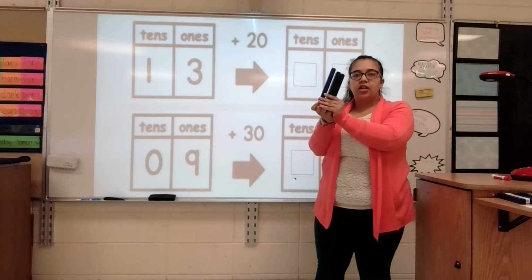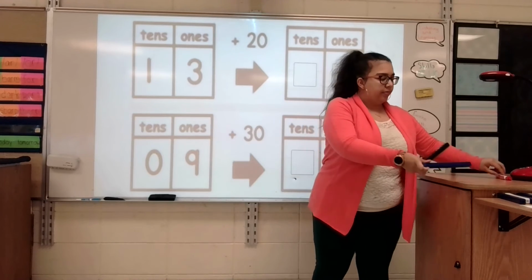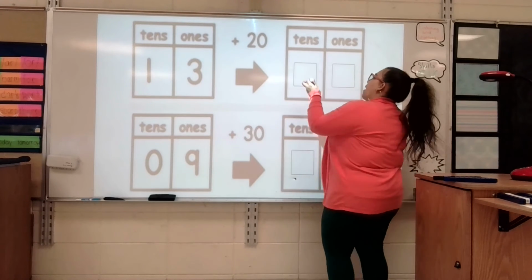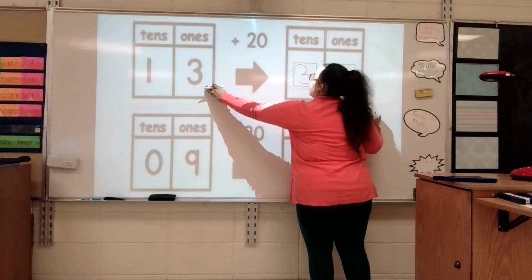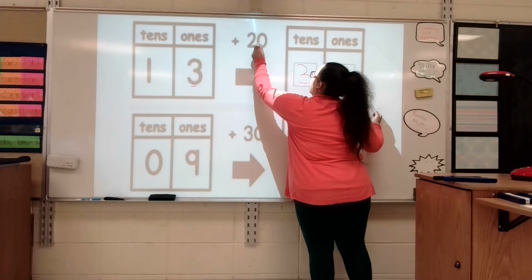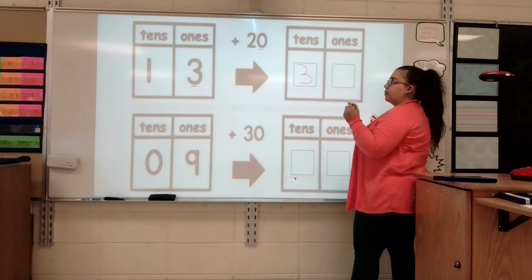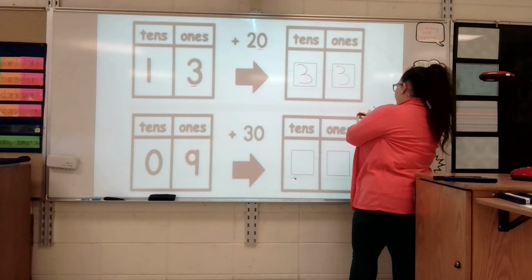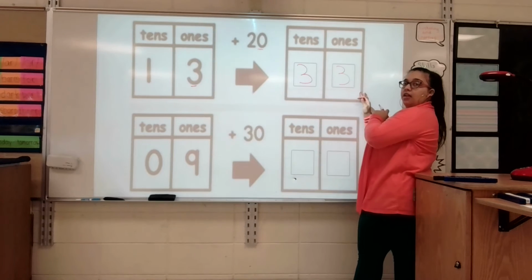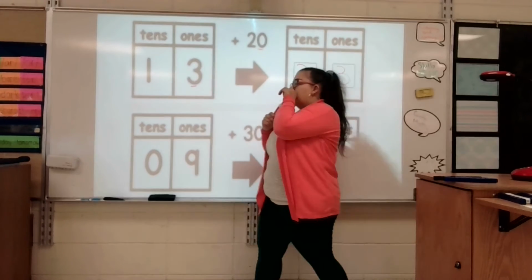So what is the digit in the tens place now? 3. We have 3 tens, which is valued at 30. Did anything happen in the ones place? No. My ones stayed the same, meaning that my answer is 33. Good job.